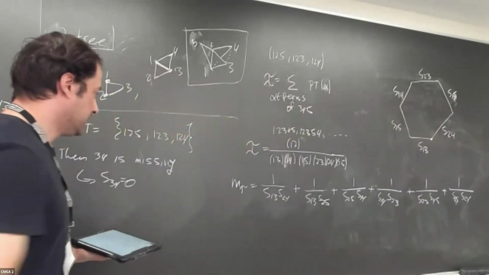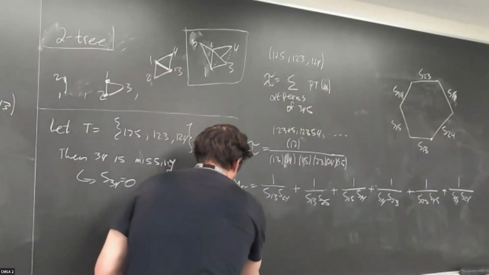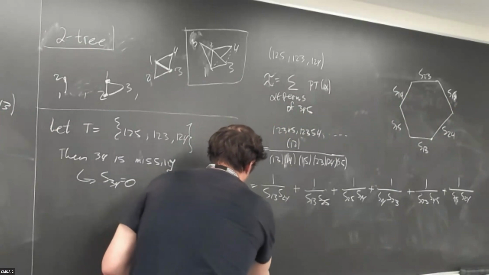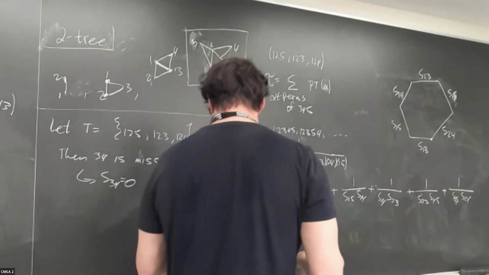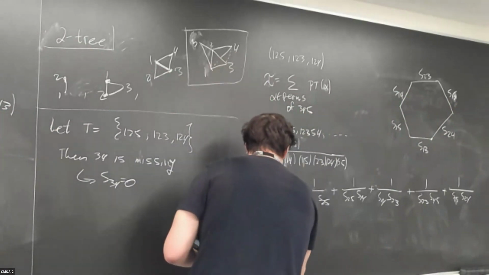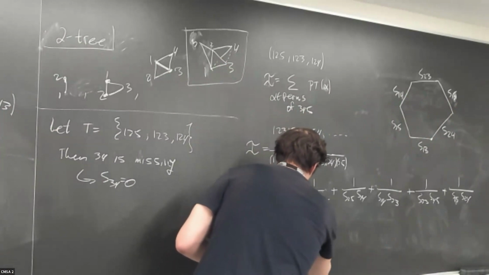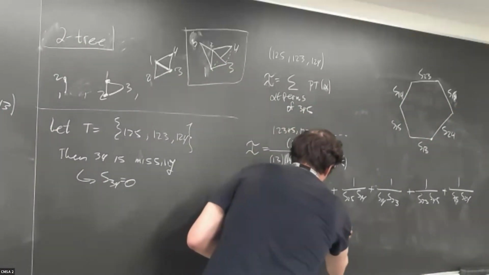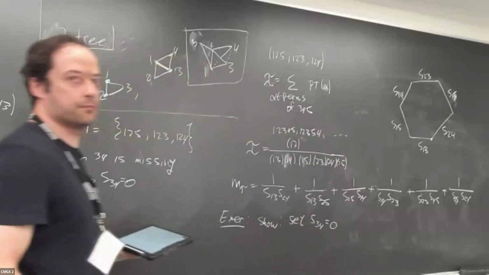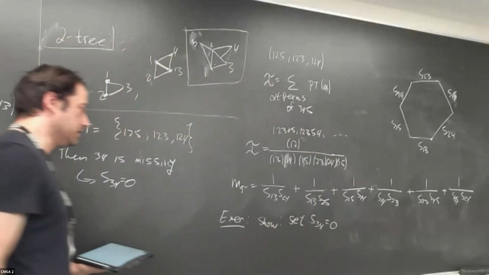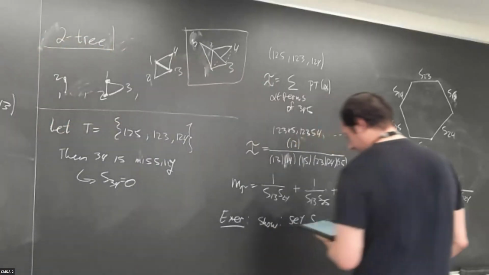And now an exercise, not difficult: show that if we set S34 equals 0, then this collapses by a partial fraction identity to a product.